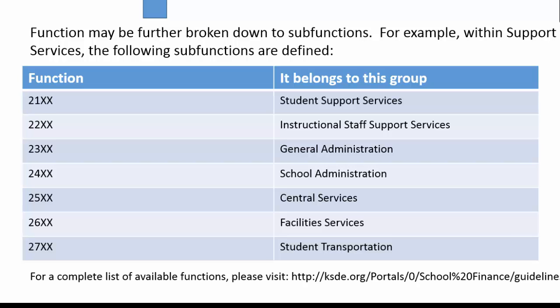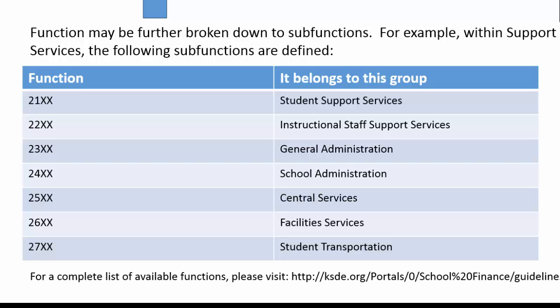These are things like your nurse, your school psychologist, your social worker, etc. They're not in direct instructional interaction with the students, but they are supporting the student so that the student may learn. Functions starting with 2-2 always indicate instructional staff support services. These may include professional development, curriculum development, data analysis, etc.